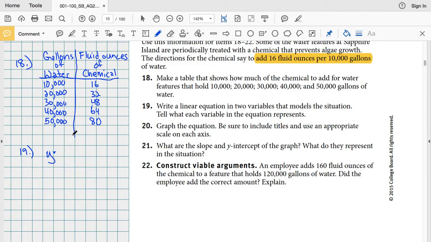What I'm going to do is I'm going to calculate the rate of change. And we know how to calculate rate of change. So we'll say rate of change. You guys know this as slope, which is equal to m, right?